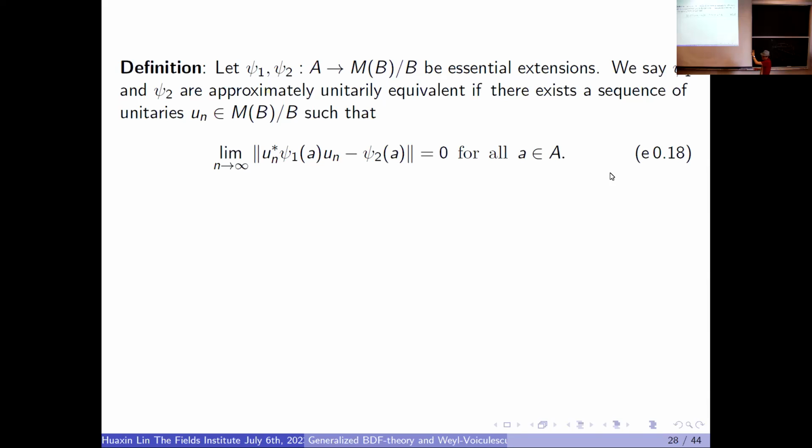In the previous one we also insisted on the equivalence in the quotient. But let's ignore that, and you can still think of this equivalence relation. So for a unital C-star algebra A, let's temporarily use this notation for the approximately unitarily equivalent unital extensions of A by B.